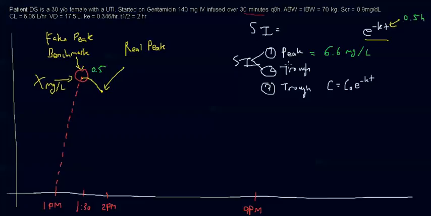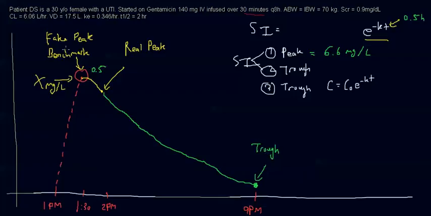For the second point, to find the trough, we look at e to the negative kt again because this is in our equation. What is the t in the case of the trough? If I draw the decay down all the way to 9 p.m., this is where we would take the trough.